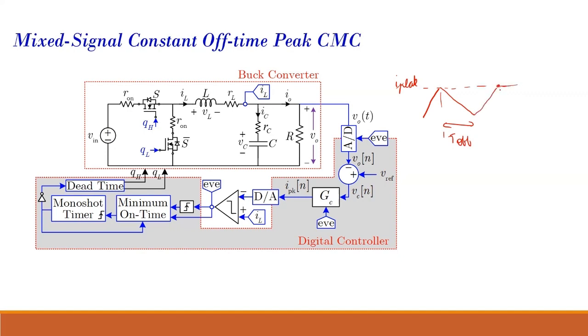Once it reaches the peak, it triggers your off, and then it will remain off for a fixed duration. So this is your on time, t on. Capital letters say that it is a permanent fixed value. Small letters say that it is a variable quantity. So your gate signal will be like this.